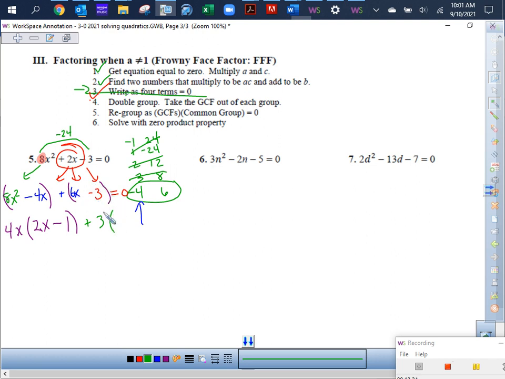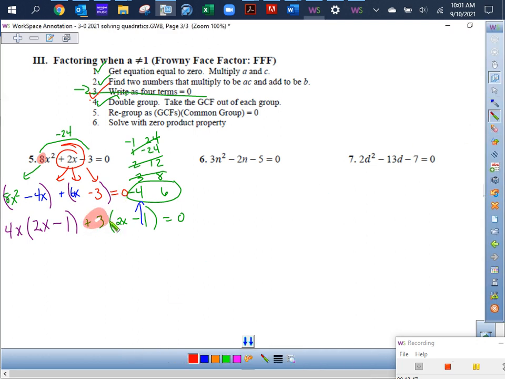And then we just divide, and we get ourselves a 2x minus 1. We're supposed to get the same group back both times. That's supposed to happen, so that was good. Don't forget, keep it equal to 0. So we have double grouped and taken the GCF out of each group. The next thing is regroup. Take the GCFs. That's him, boom, and him.